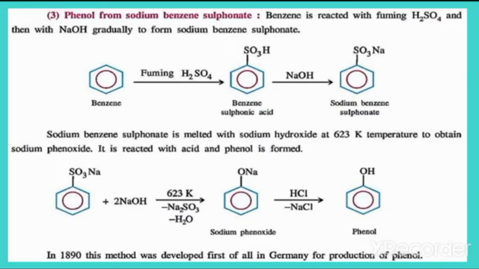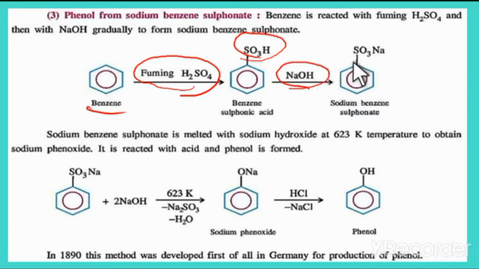Third preparation method: phenol can be obtained from sodium benzene sulfonate. When benzene is treated with fuming sulfuric acid, benzene sulfonic acid is initially obtained. Now the benzene sulfonic acid is treated with sodium hydroxide, so it forms sodium benzene sulfonate.